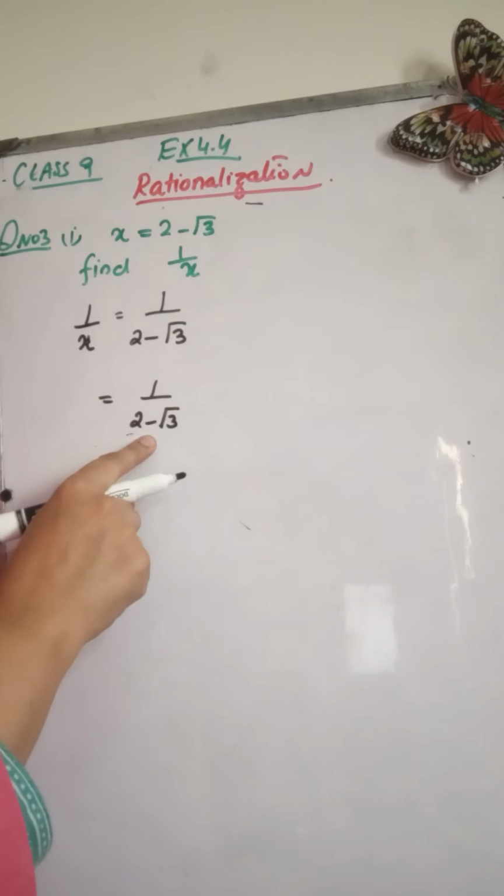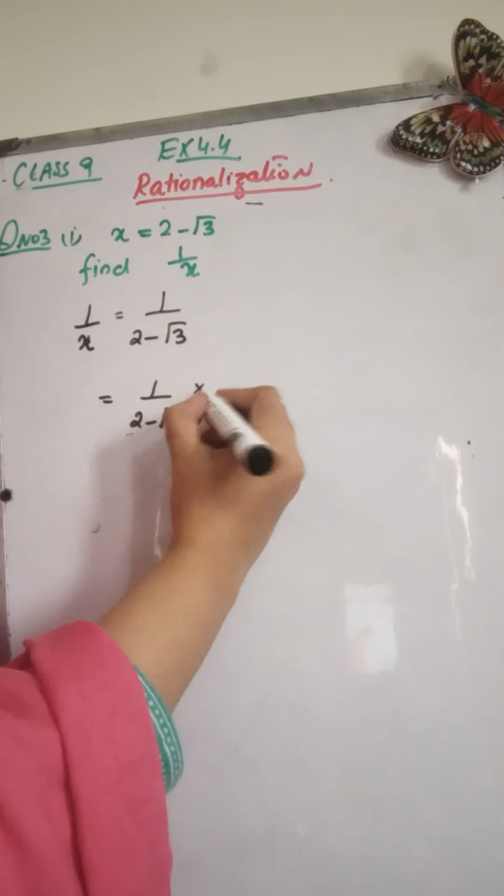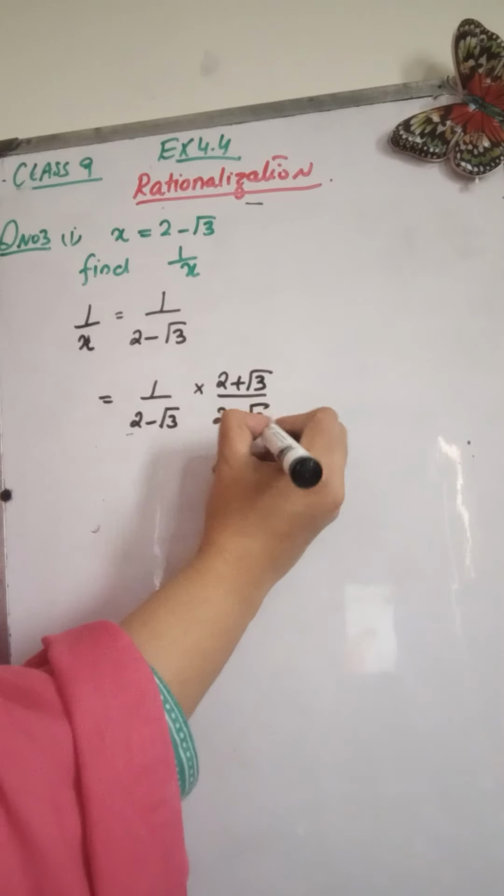To rationalize the denominator, I am going to take the conjugate of 2 minus under root 3, which is 2 plus under root 3, and I am going to divide and multiply it by the given fraction.